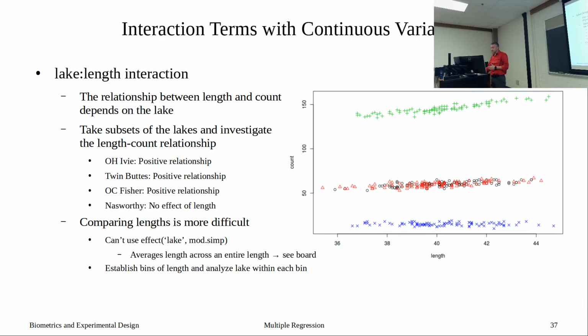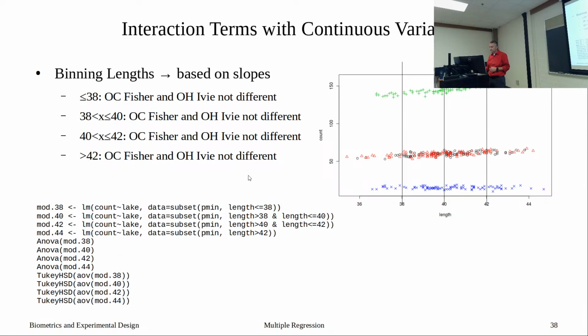Instead of taking our entire range of fish here, from 35 up to 45 millimeters in length, say, I'm going to break it up. I'm going to take those that are less than 38 millimeters and analyze those fish. And then I'm going to take those that are between 38 and 40 and analyze those. So we're binning them to do our analysis. Our assumption is that since we're taking a much smaller range of fish, we've minimized the effect of that length variable on count.